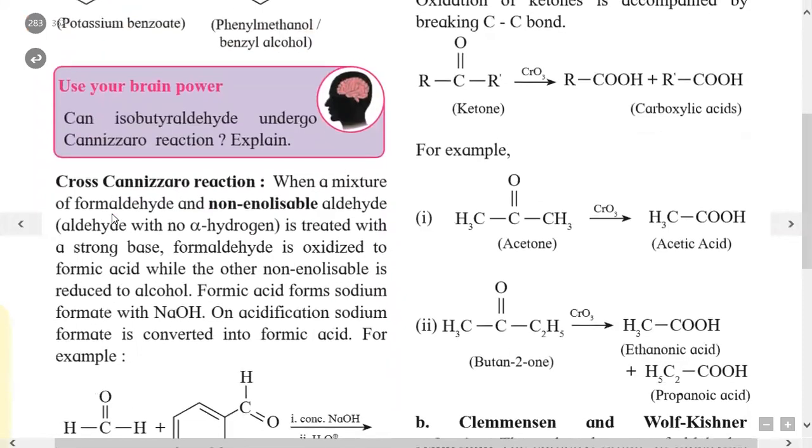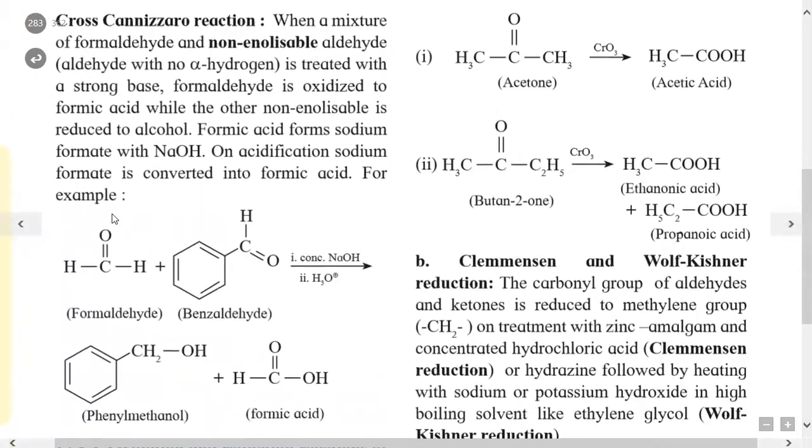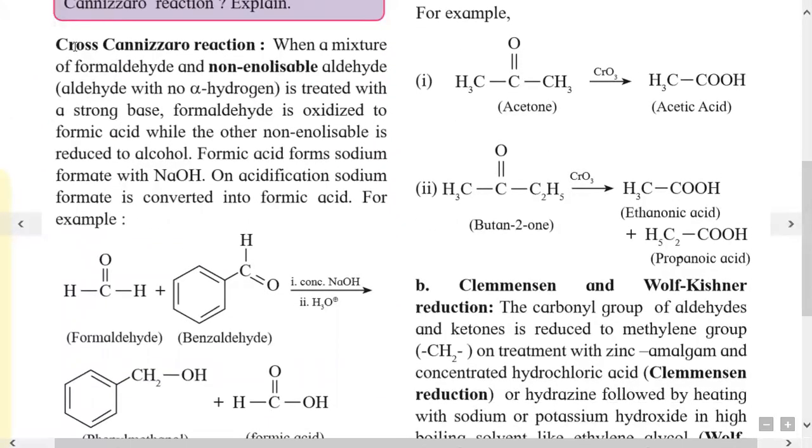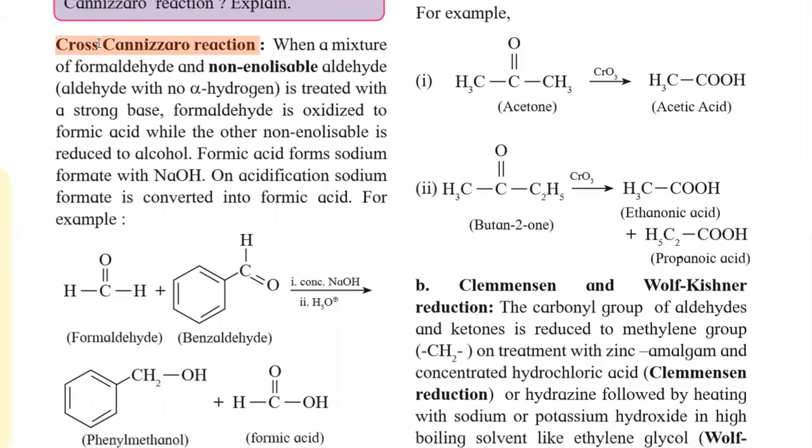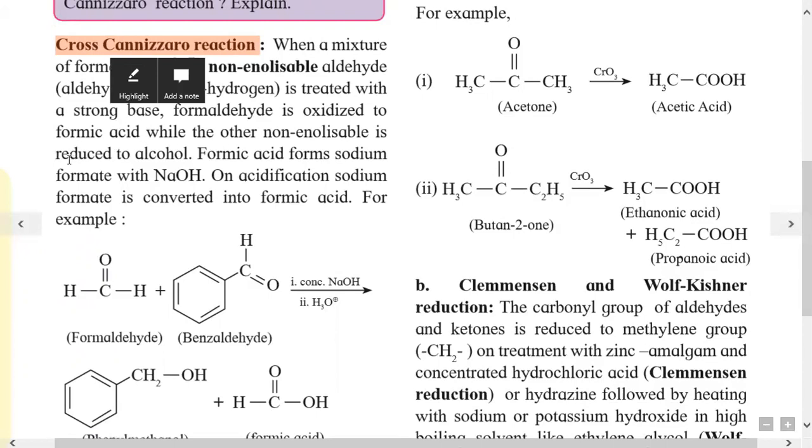So similar to cross aldol condensation, here there is also a cross Cannizzaro's reaction. The cross Cannizzaro's reaction takes place between two different aldehydes that do not contain an alpha hydrogen atom.